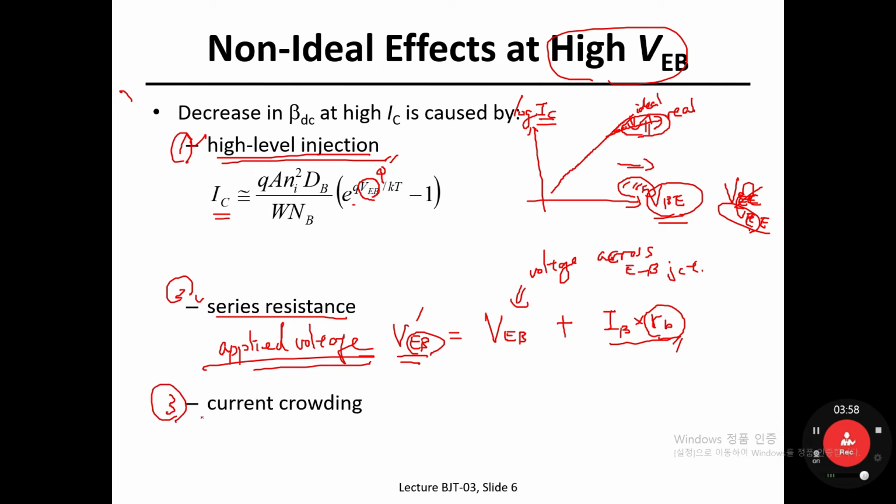And the third physical origin for this non-ideal effect comes from current crowding, which has not been studied in the PN diode. So let me draw the BJT cross section.